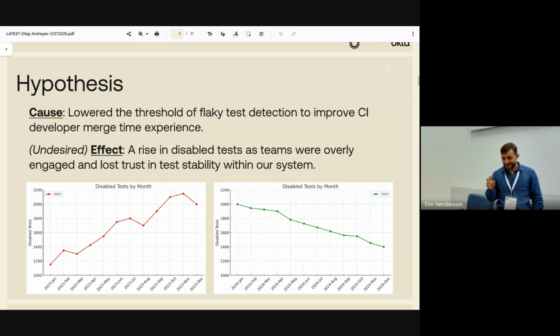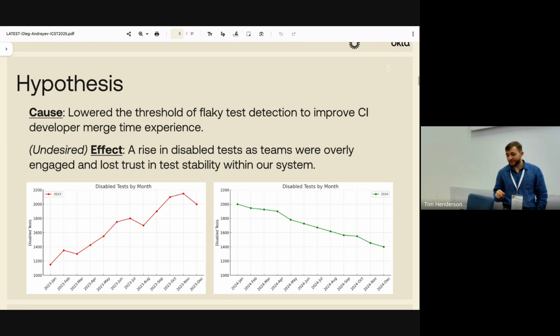As we increased the flaky test count and decreased the thresholds, we noticed that teams were disabling tests more frequently, disabling a subset of tests. In aggregate, it increased significantly. Recall that these tests did not get more flaky in 2023 per se. We just decreased the thresholds, right?